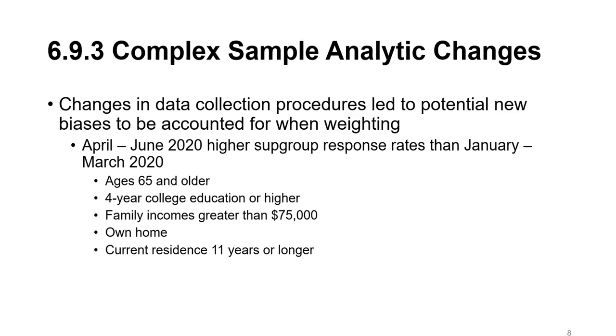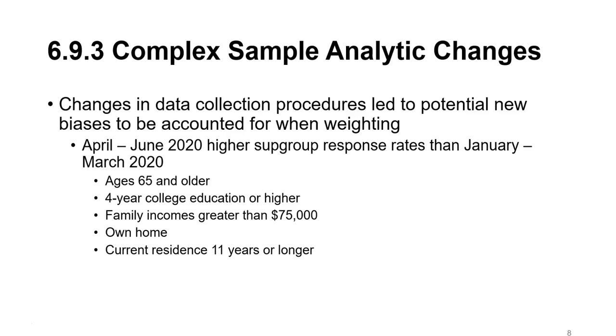So there were higher response rates in that period compared to the previous first quarter. These higher responses were from adults ages 65 and older, individuals with 4-year college education or higher, individuals with family income greater than 75,000, individuals who owned their home, and whether or not they lived in that current residence for 11 years or longer.